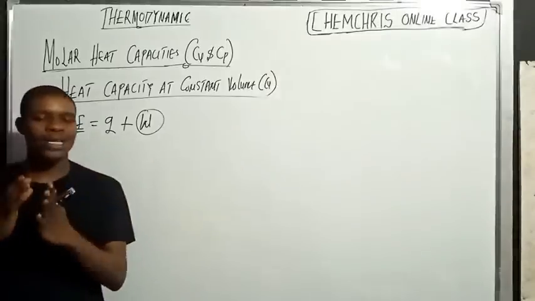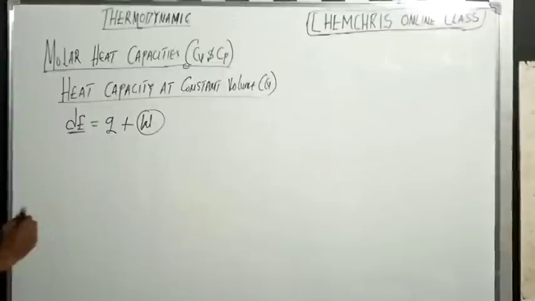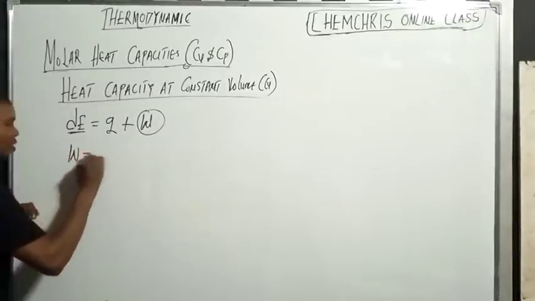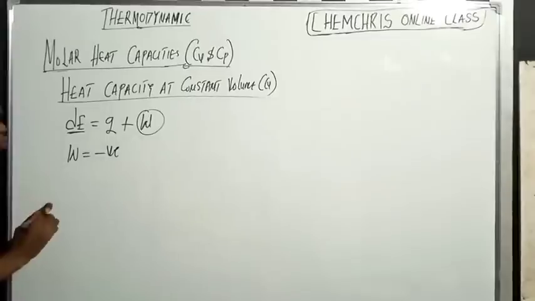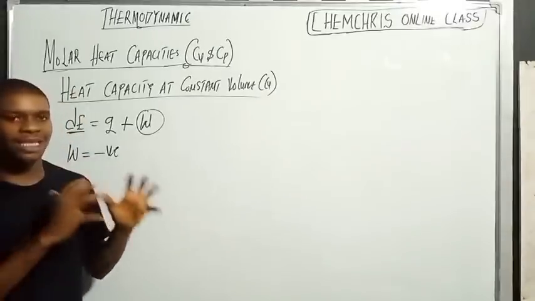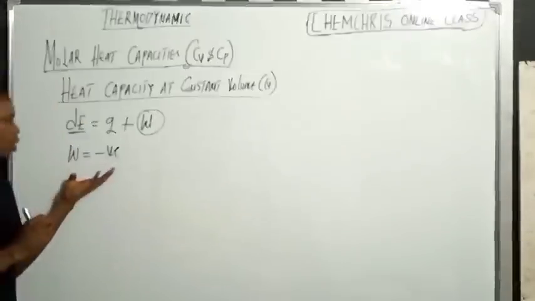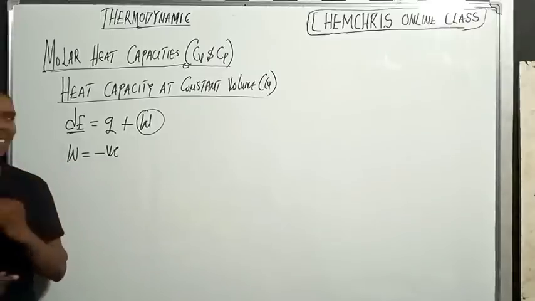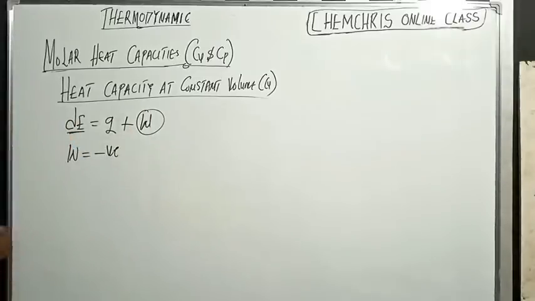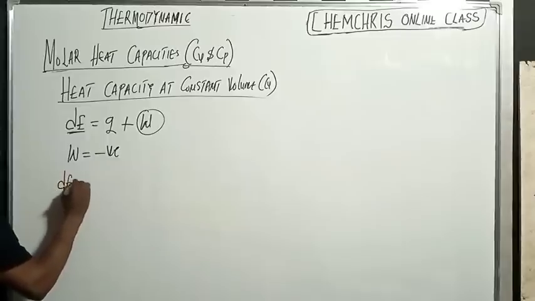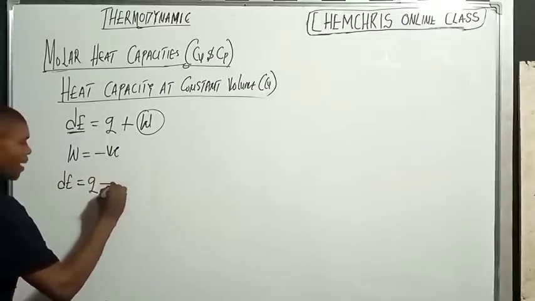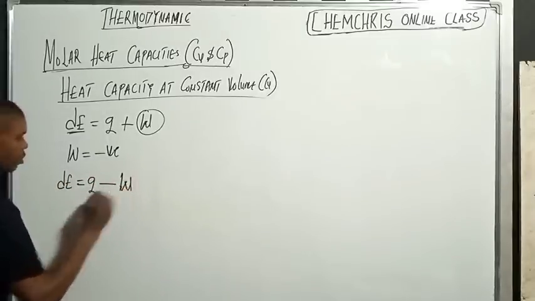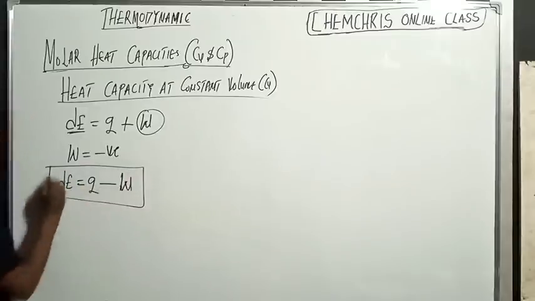And whenever work is done by the system, W is always negative. So for this derivation, work is done by the system, and the formula we are going to use is change in E equals Q minus W.